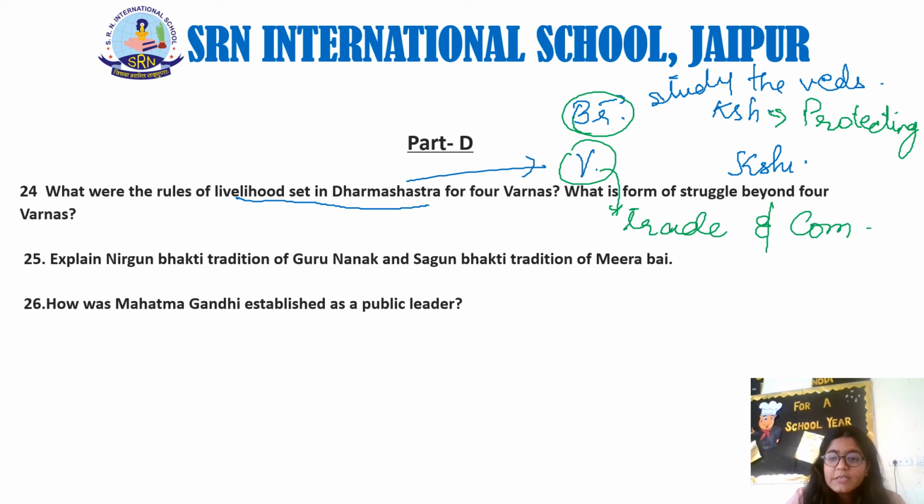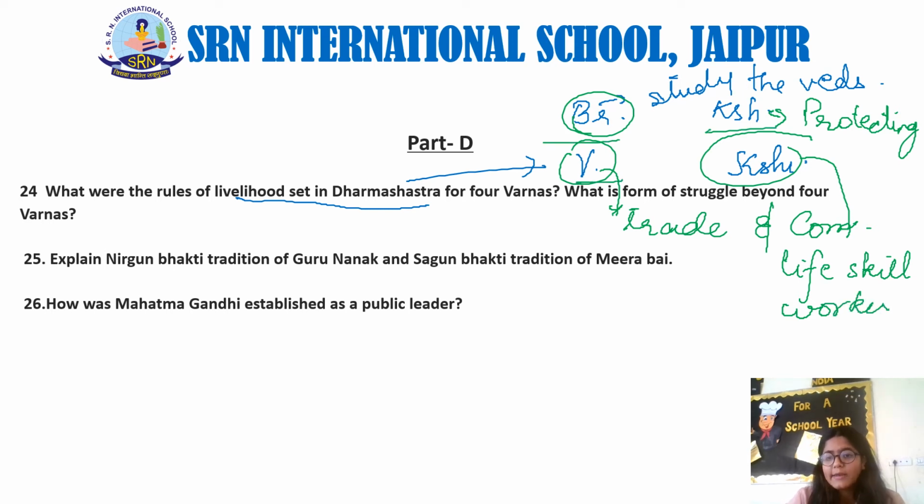They were the fueling pipe of the economy. Shudras were the life skill workers, and they were given one job: to serve the other 3 clans, the above 3 varnas.